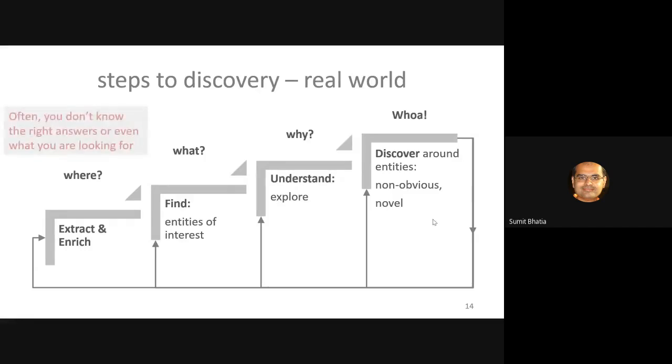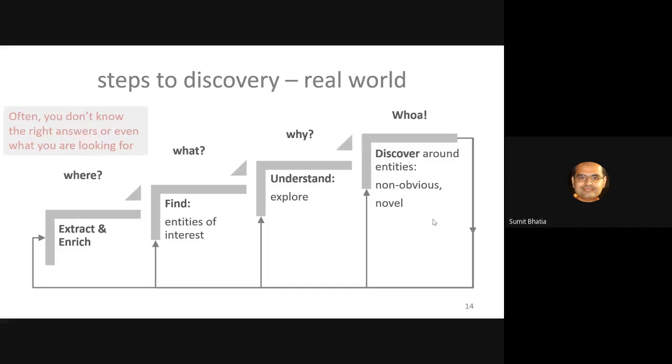Okay, and just a side point. In many of the applications, when we were building this, we realized that often we don't even know the correct answer. It's just that once you discover it, you figure out, okay, this was also possible. We were missing out on these things earlier, right? And that is what makes it more useful.